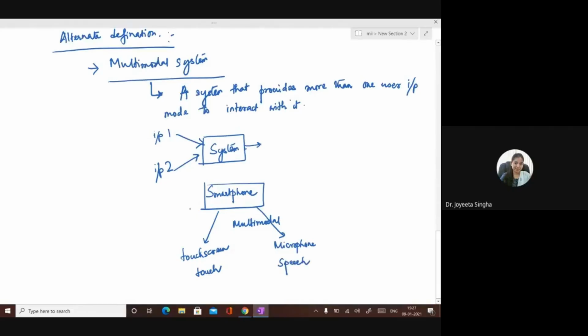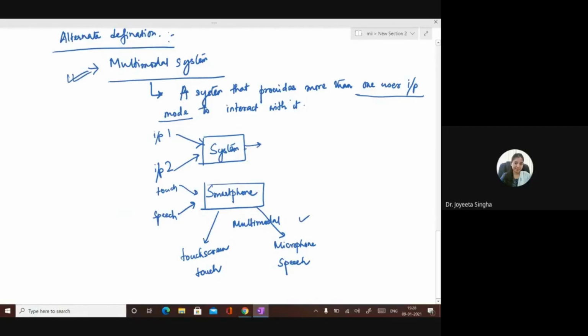So it takes touch as well as speech as input. I'm referring to the old televisions, not the ones that take speech as an input. So with a smartphone, when you have these two inputs, touch and speech, we call it a multimodal system. Anything which has more than one user input mode to interact with it is termed multimodal. This is the alternate definition that we have.